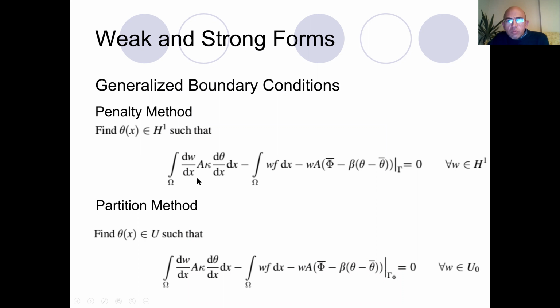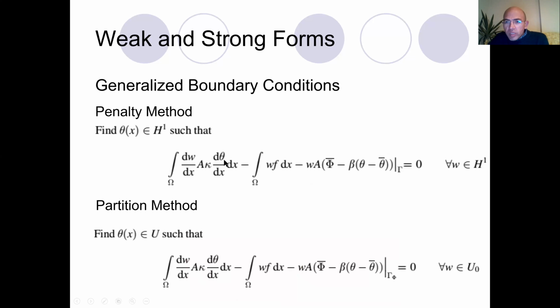Now again we begin by weighting the function on the domain. We use integration by parts, and as a result we obtain this integral equation. So it is dw/dx a multiplied by k d theta/dx.